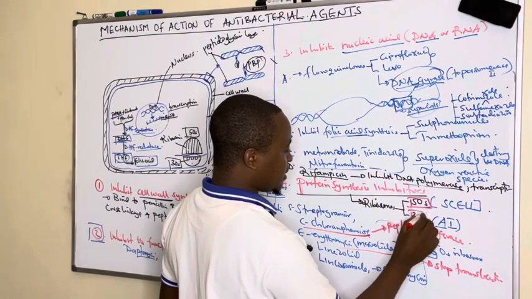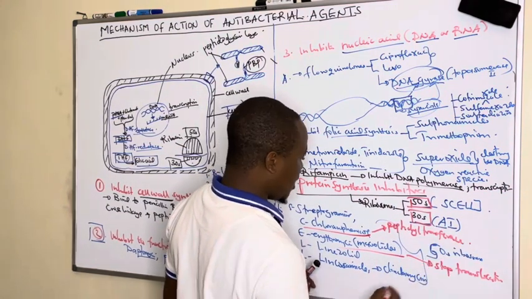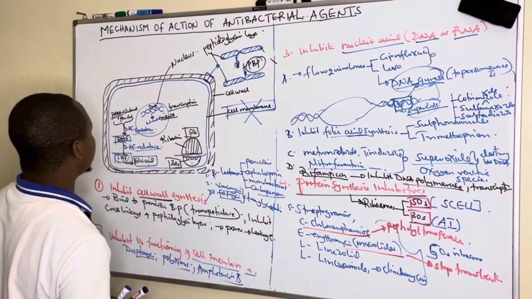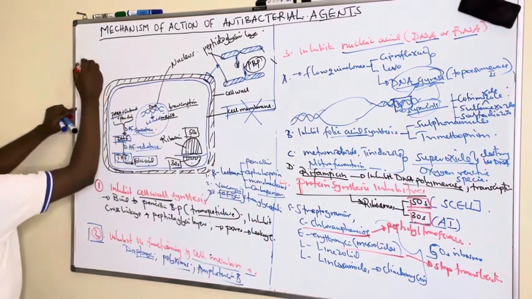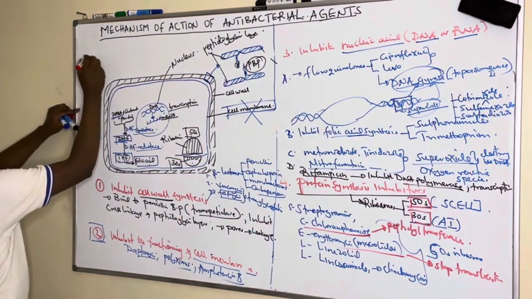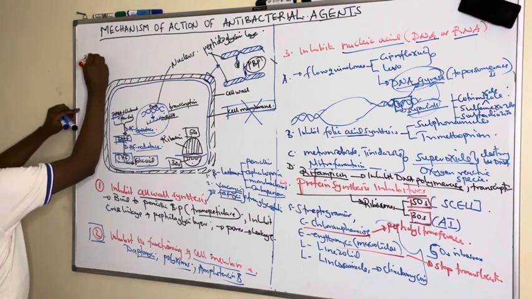And those that target the 30S, we are saying we have aminoglycosides. We have given the example, those that target the 30S ribosomal subunit.